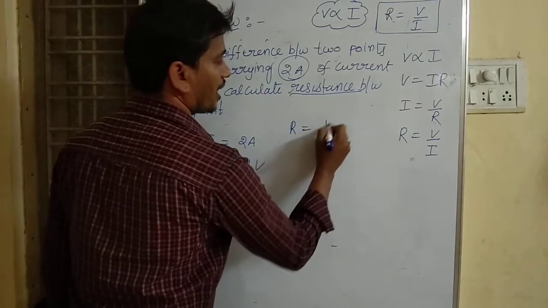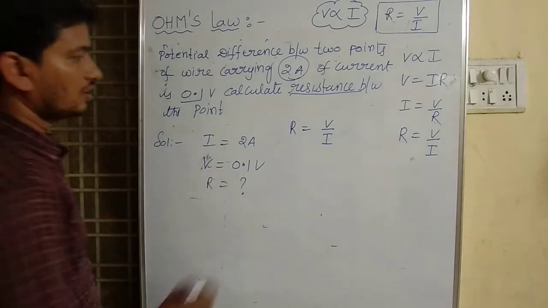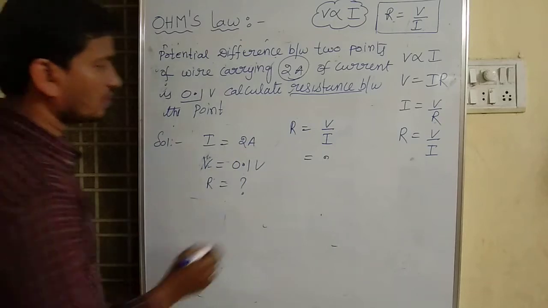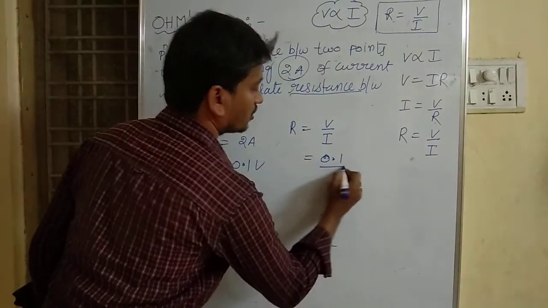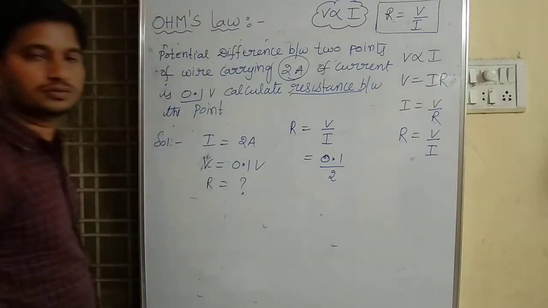As we know, R equal to V by I. V equal to 0.1 and I equal to 2.